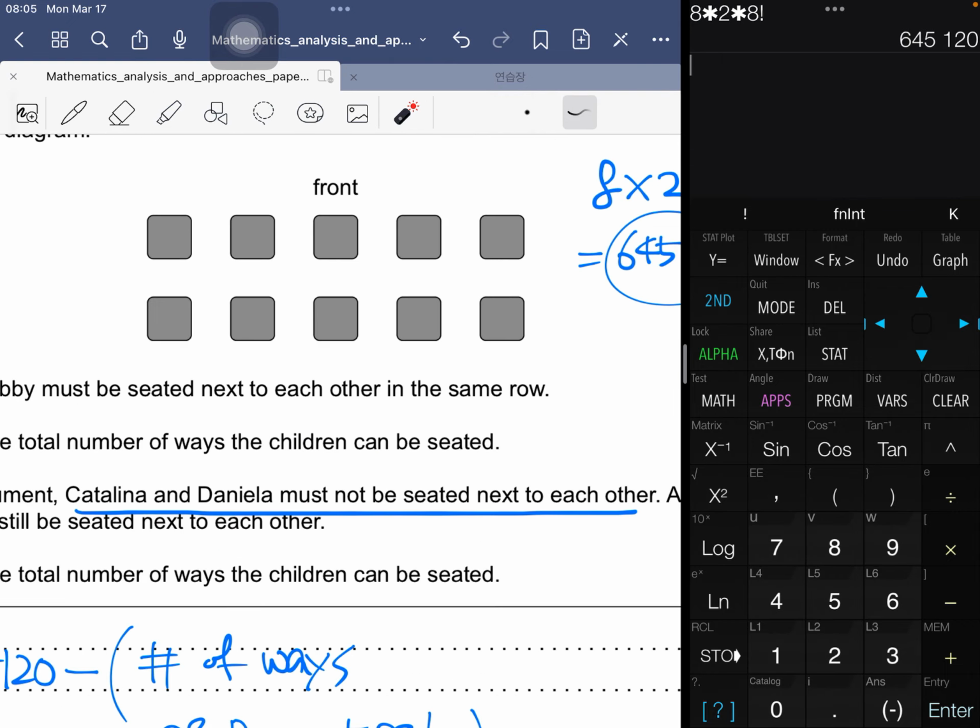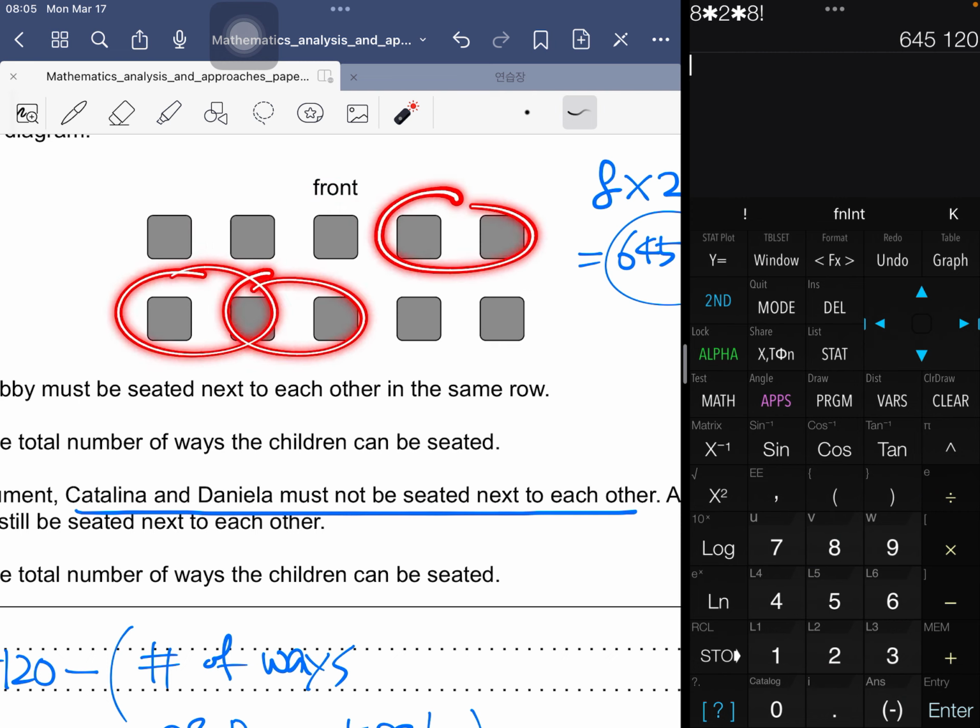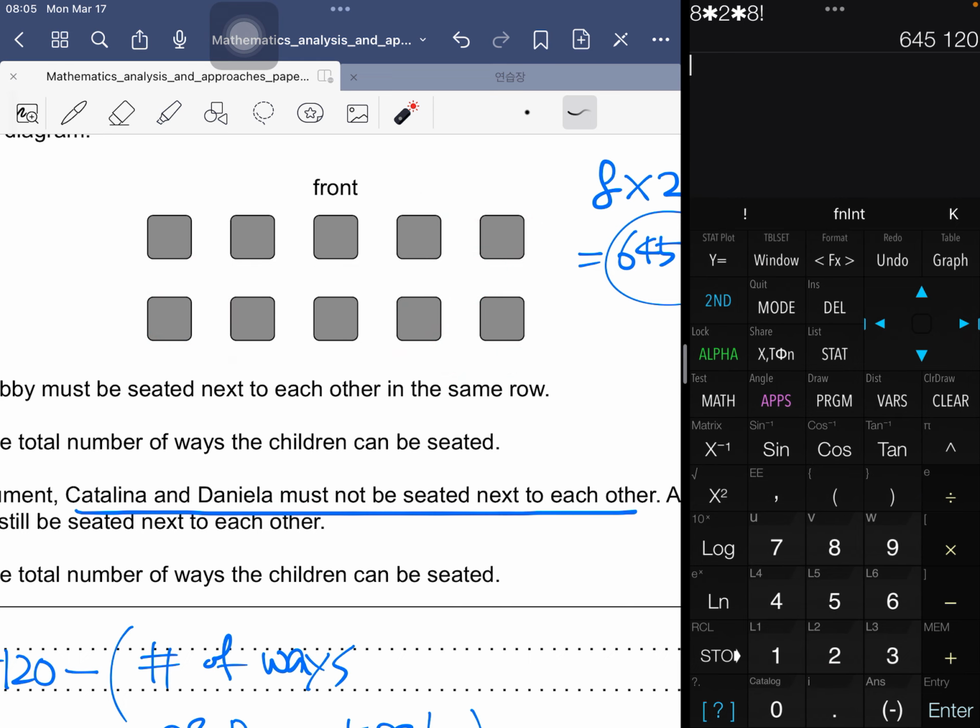if A and B are seated in the middle seats, 1, 2, 3, 4, for those 4 cases, it's all symmetrical. So if A and B sit over here, C and D can be seated in only 1, 2, 3, 4, 5 cases.